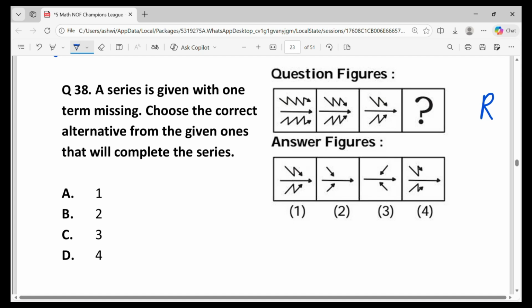And going along the series, we can also see that the zigzag pattern decreases. So for the next figure, there will be an arrow pointing towards the right and the zigzag arrow reduced to just one arrow pointing towards the right. That is option 2. That is B.